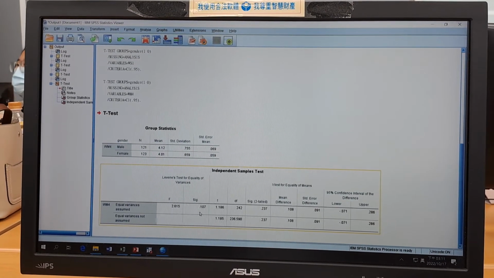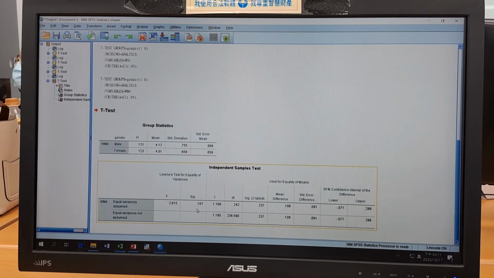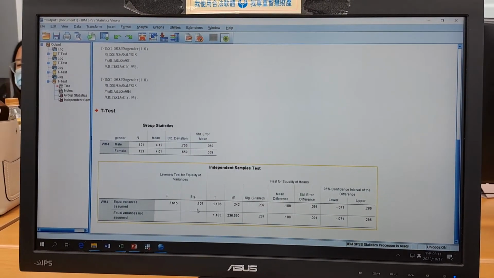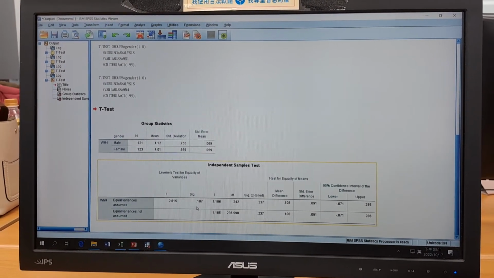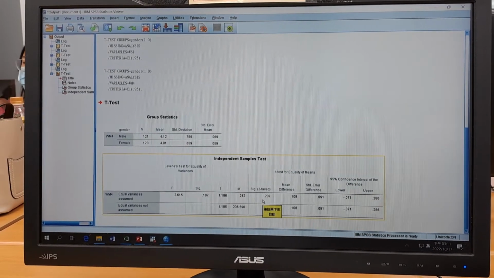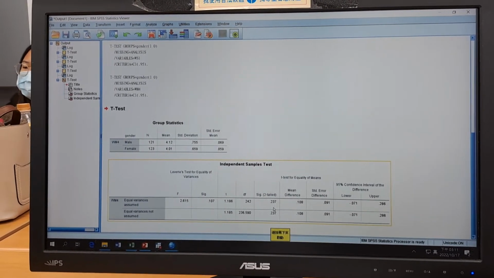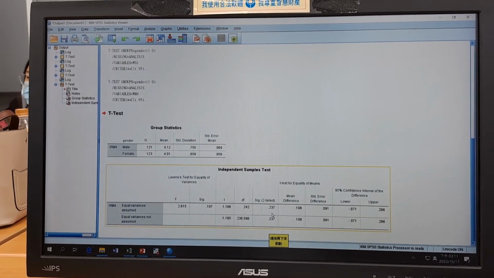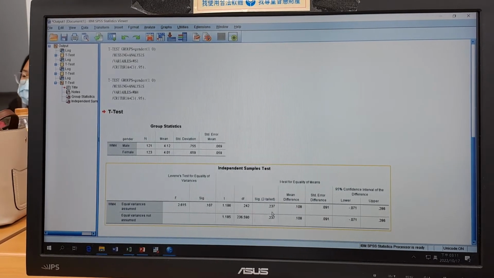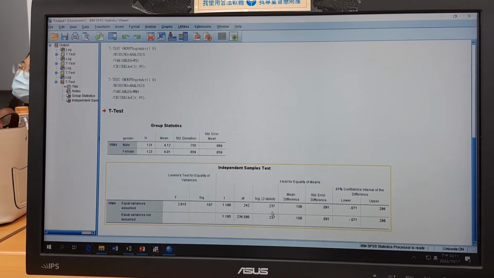Not. So if the result is not significant, we have to read the first row. Now the first one, p-value: is this one significant or not? Not.